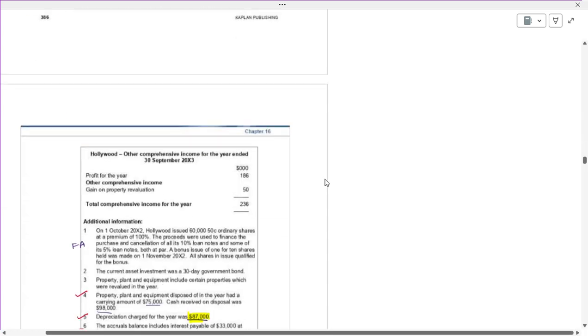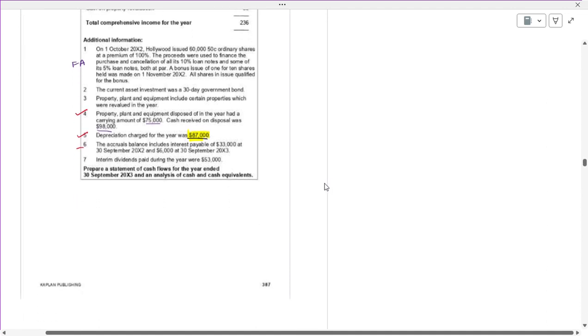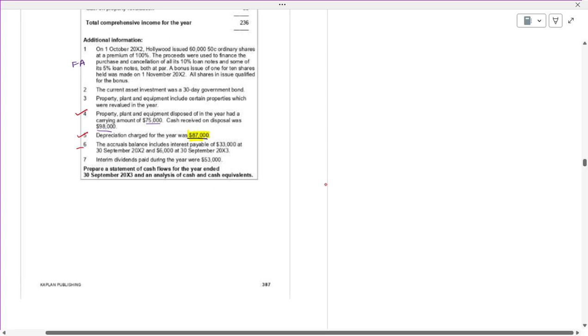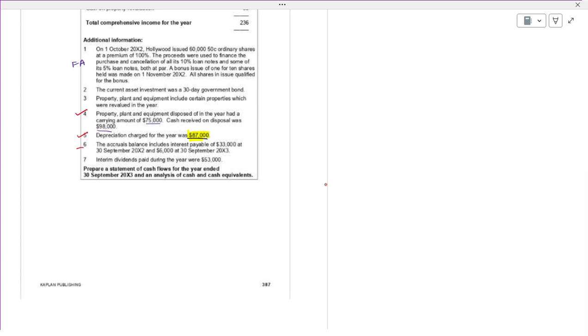How much are the accruals? The accrual balance includes interest payable, 33 at the last year and 6,000 on 30th September.